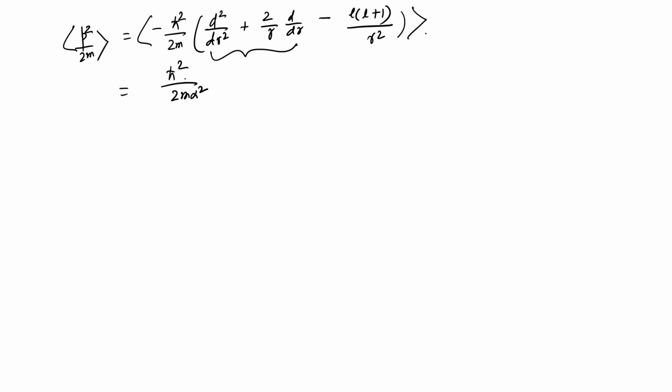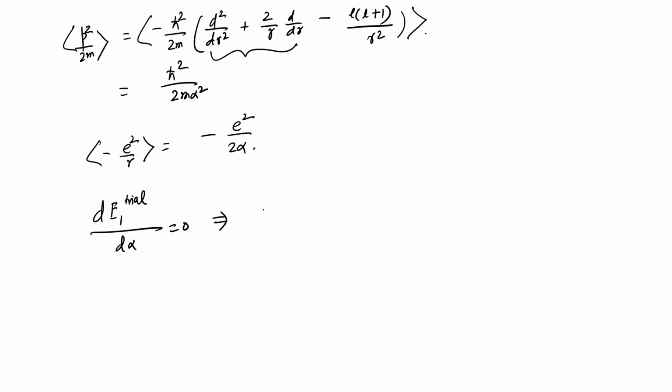So, this is h cross square by 2m alpha square, and for the potential energy term, which is minus e square by r, the expectation is minus e square over 2 alpha. And so, once again what we do is that we take a derivative, d E_1 trial by d alpha, equal to 0, and this gives us alpha equal to h cross square by 2m e square, okay, and that gives E min equal to e square m by 8 h cross square.